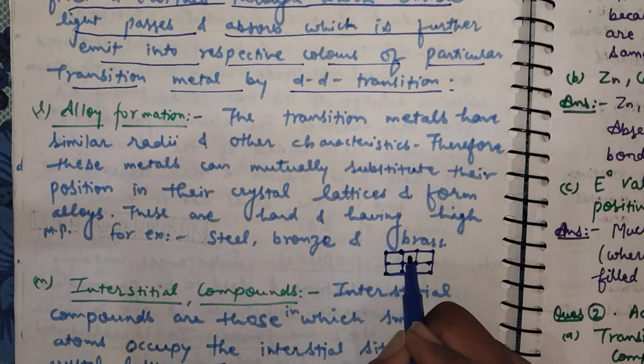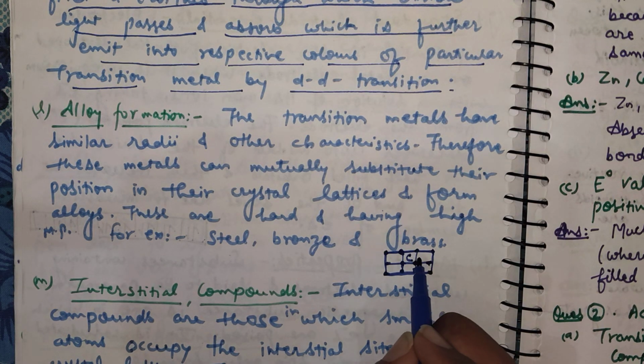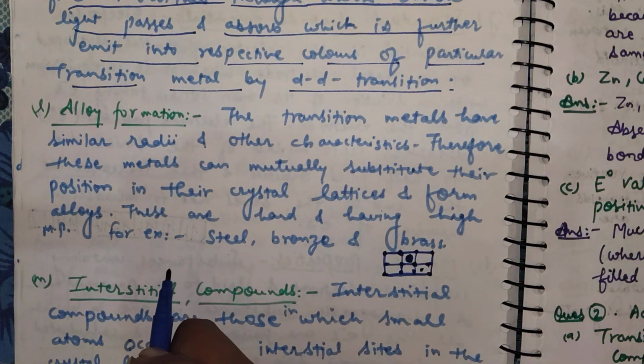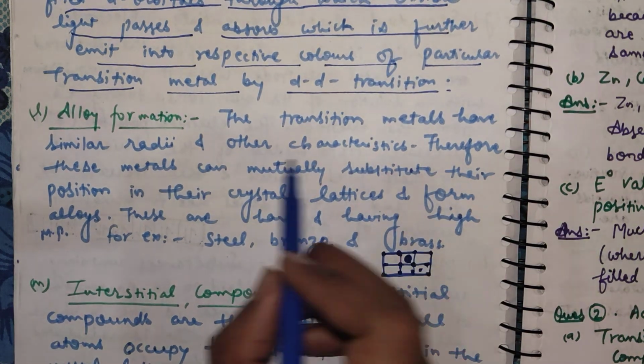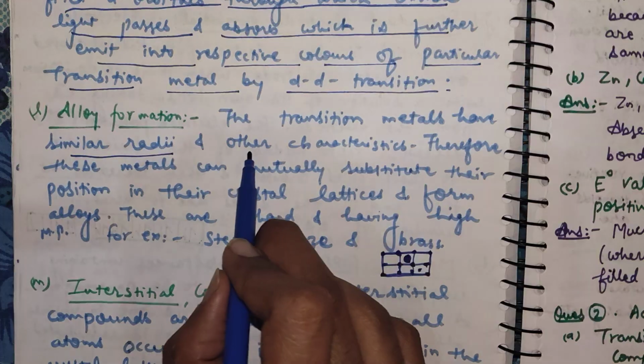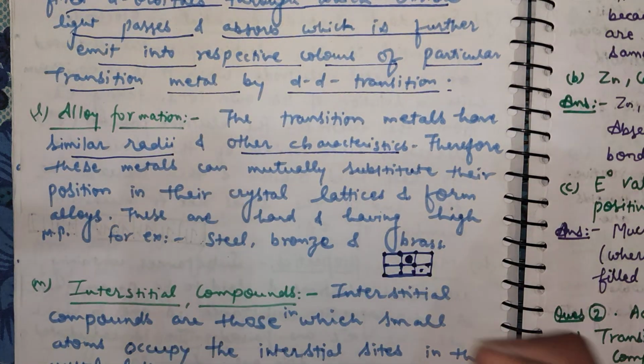So in these metal sites, any metal X, Y or Z can be substituted on any position easily. So this is the reason for alloy formation, and it mainly happens because of similar radii and other characteristics as mentioned above.